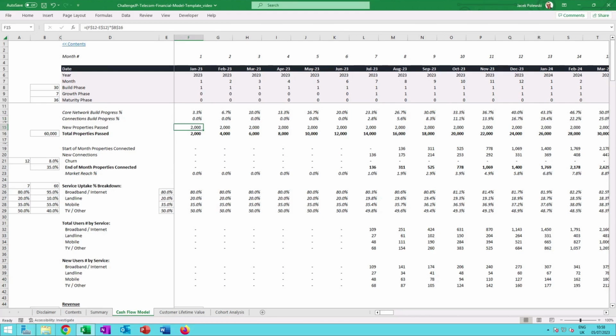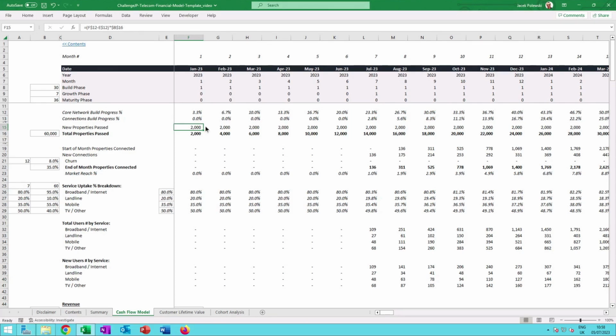Okay, and then those calculations are linked first of all to the number of properties passed. The number of properties passed, you can think of that label as your addressable market. So this is how many properties your network is passing nearby, right? So how many of them are able to access your network?